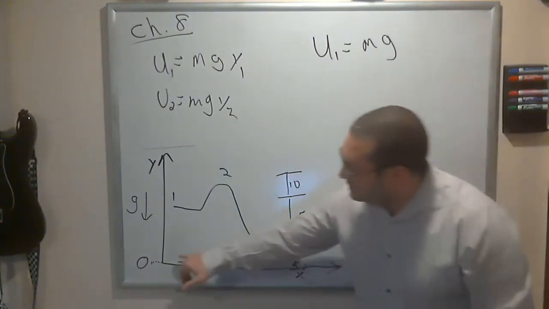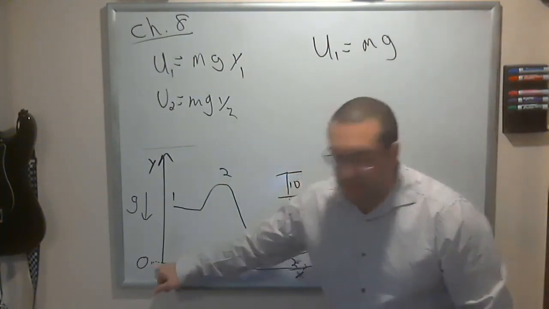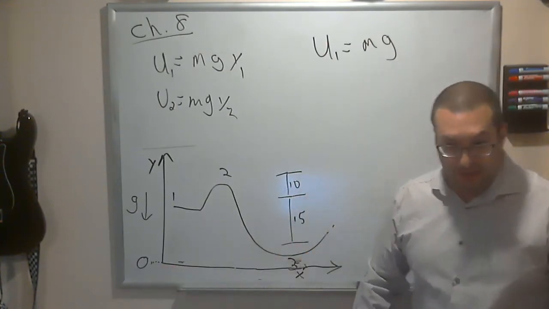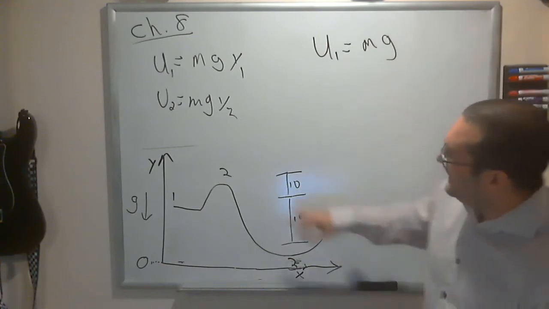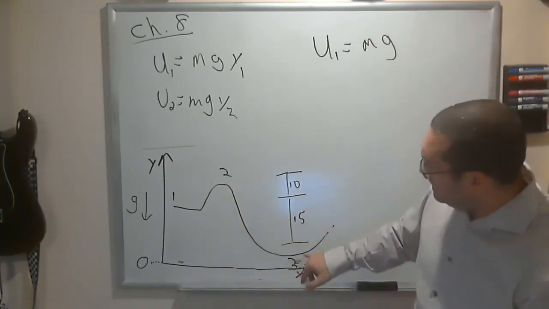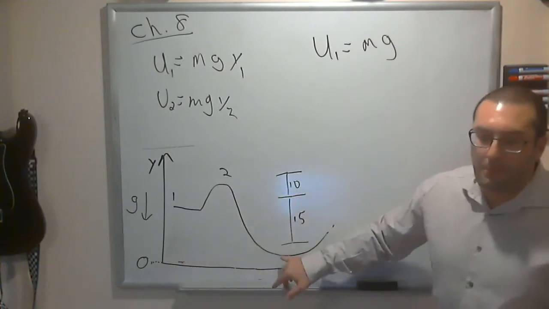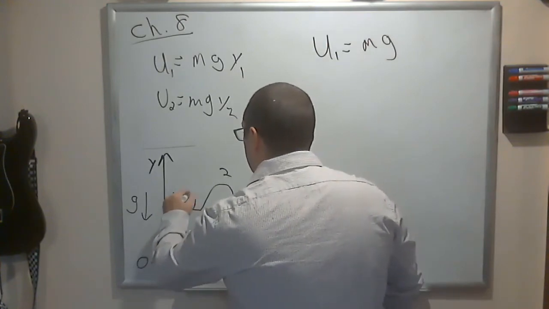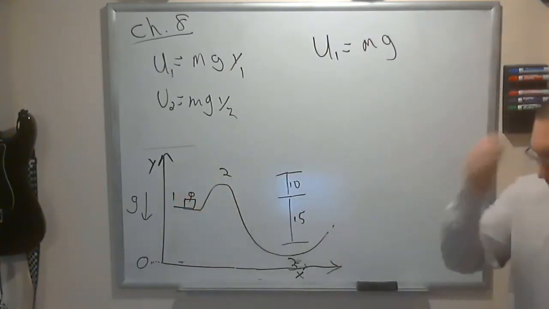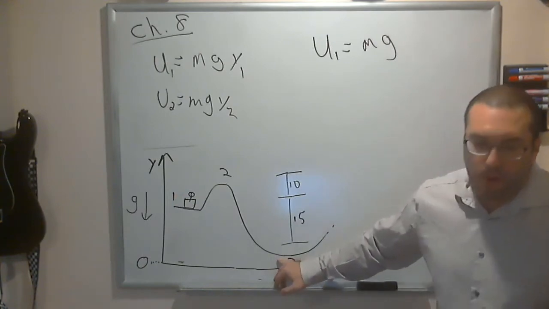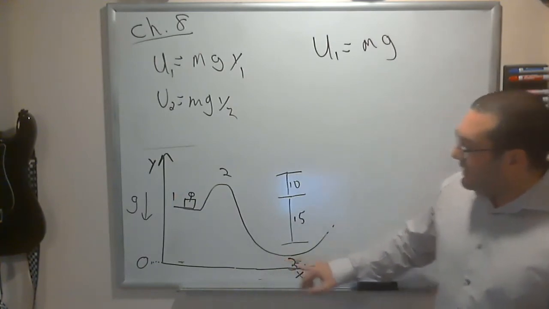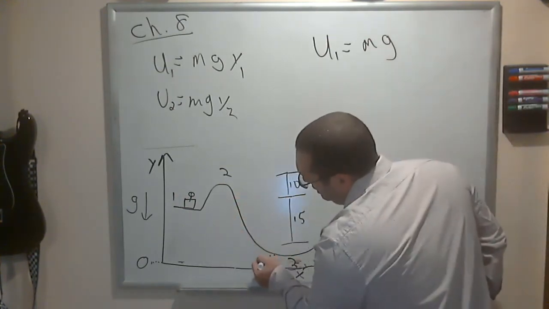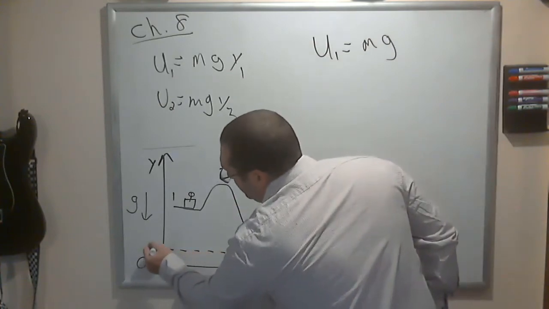There's no reason to consider the ground 0 in this case. It just adds unnecessary complexity, because all we care about is the change in potential energy. So if this is the low point on this little roller coaster, with one person on it, all we care about is the difference. So we could choose our 0. In this case, let's choose this to be 0.